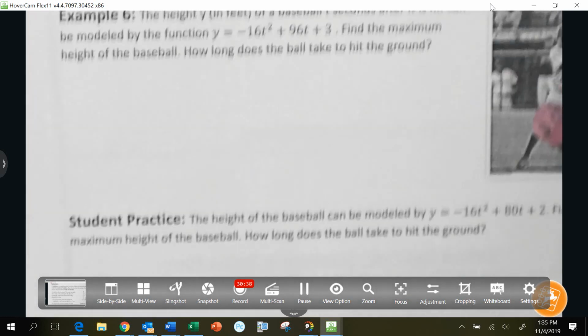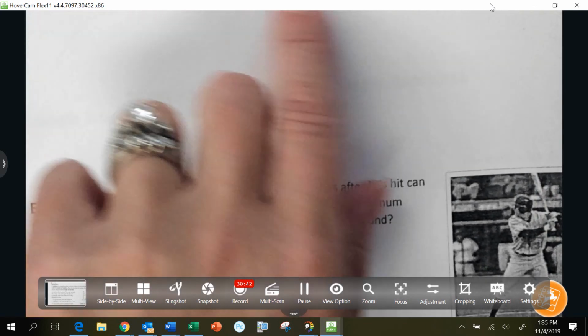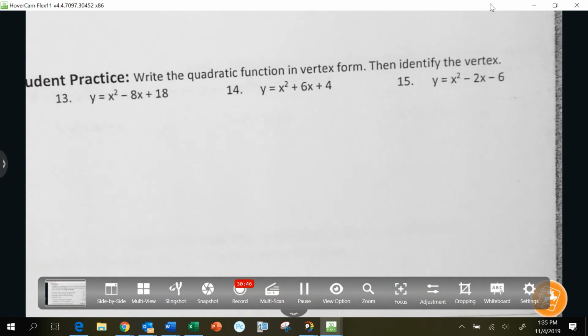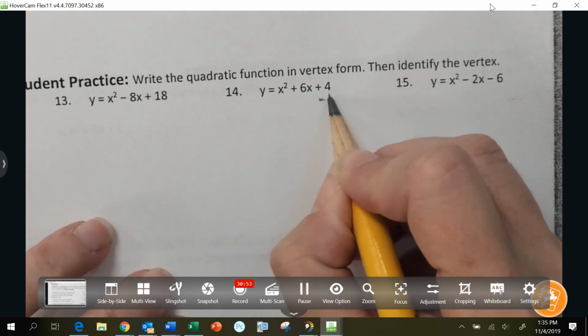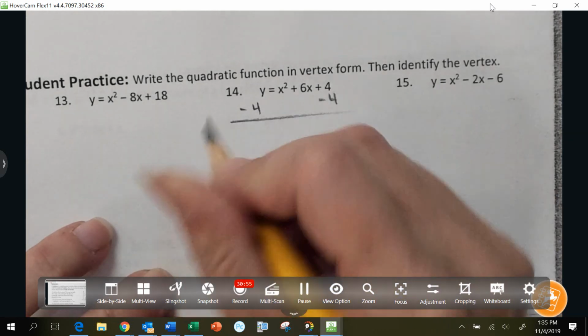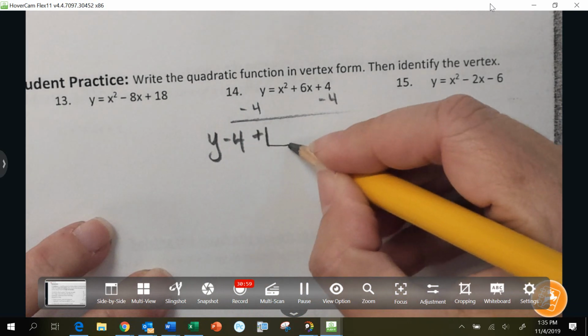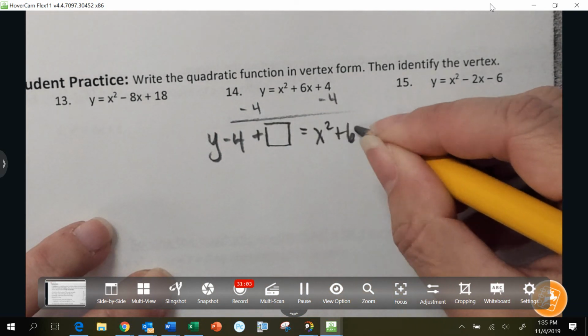Okay, one more. Last one. Which one should we do? No, not example 6. Out of these 3, which should we do? Sorry, I just want to do one more of those. 14. Actually, no, 13. Actually, it doesn't matter. Let's do 14. Okay, so you're going to first subtract 4. And I'm going to have y minus 4 plus a box, square, equals x squared plus 6x plus a square.